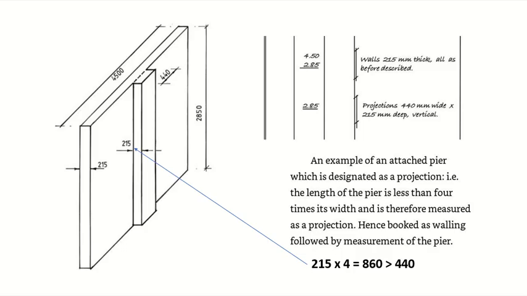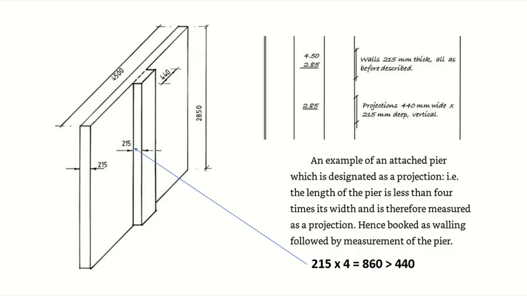So every time you have a projection, you will multiply the thickness by 4, and you will check against the length. If the product of thickness into 4 is more than the length, then the projection will be just mentioned in linear units of the height. That's it.